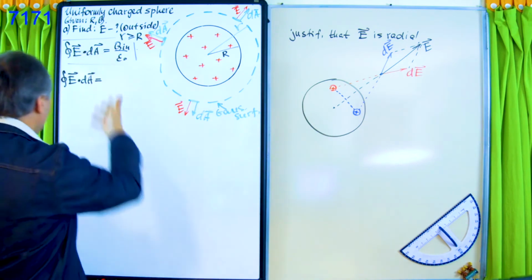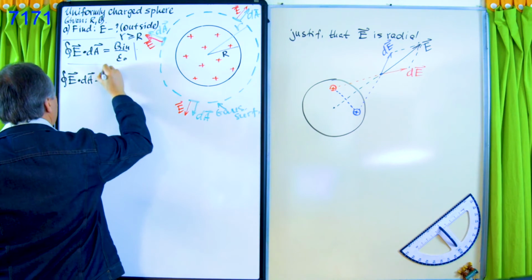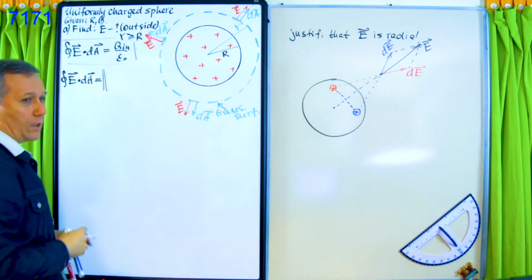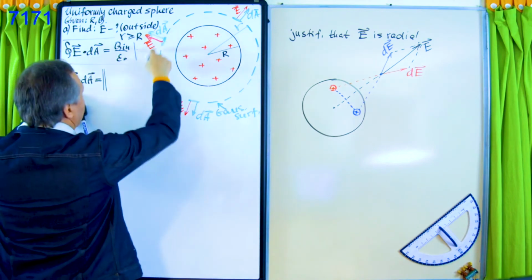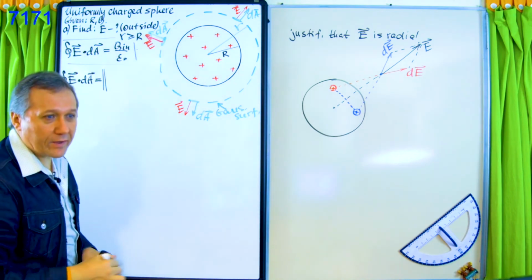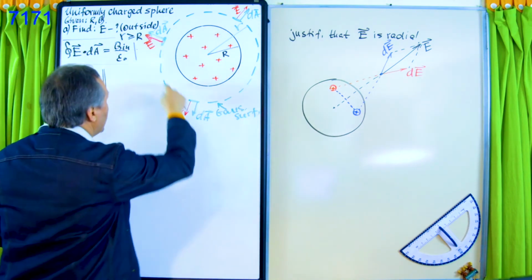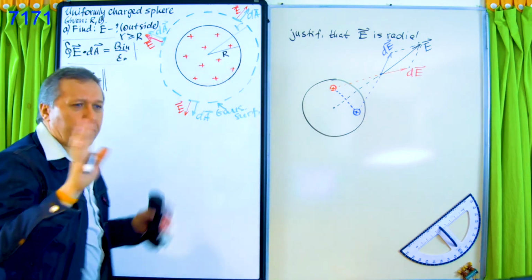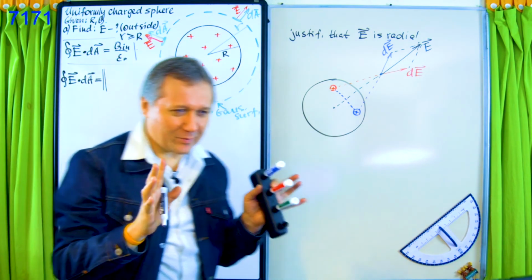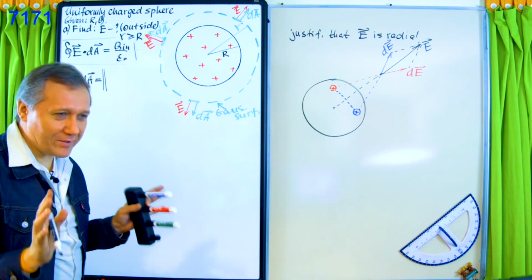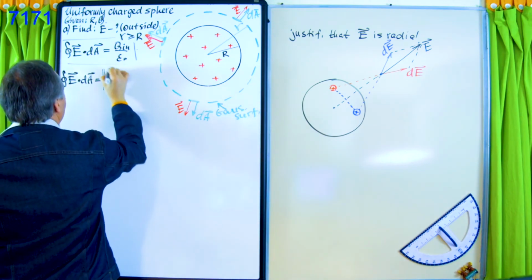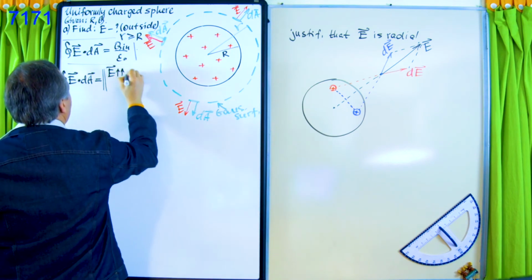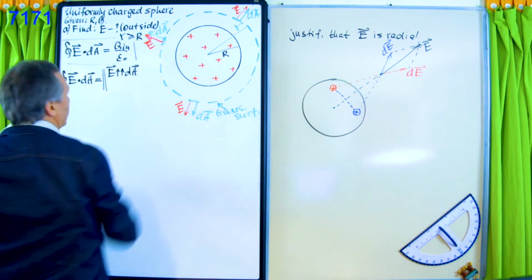Now we can continue dealing with this integral. So look, the electric field and the area vector dA are perpendicular at any point on the Gaussian surface. Sorry, why did I say perpendicular? They are parallel to each other. So E is parallel to dA.